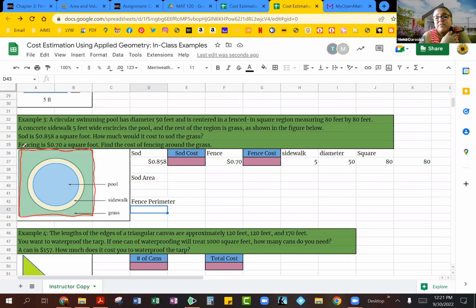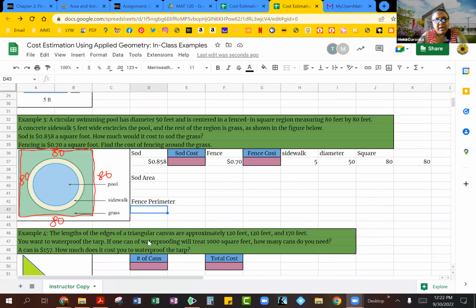So that's going to be this area or region where you're going to be putting the fence on. So we know this is 80 feet by 80 feet. And being a square, we know all 4 sides are going to have the same measurement. So your perimeter is basically just going to be a total of those values.